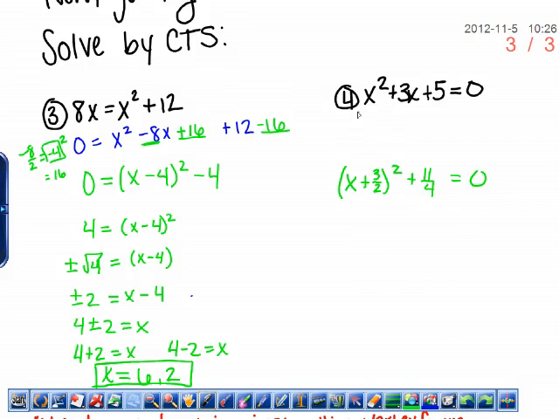So you've got x squared plus 3x plus 5 equals 0. Take your 3, half it, get 3/2, box it, square it, you get 9/4. So you have to add 9/4 and subtract 9/4.